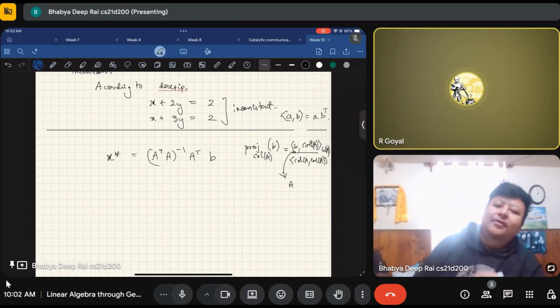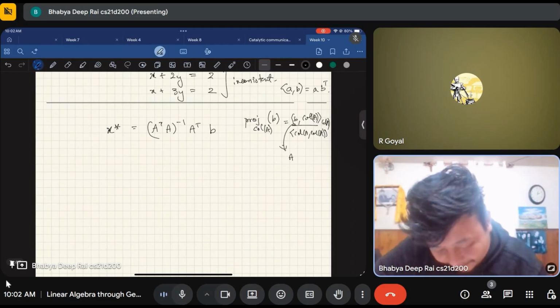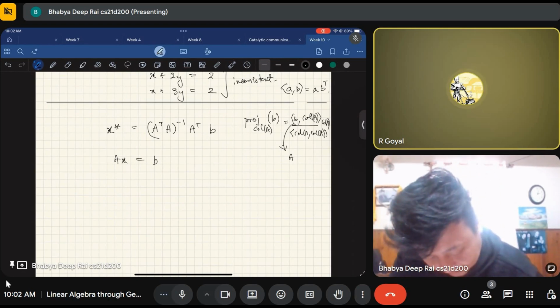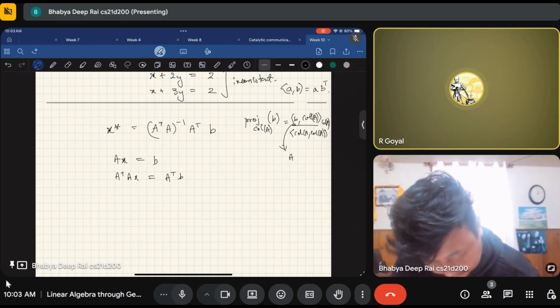Can you write that equation here so that I would be able to explain things better? We are looking for Ax equals B, and we multiply both sides by A transpose. Then it becomes A transpose Ax equals A transpose B. Now to get the value of x, I multiply both sides by the inverse of A transpose A. The left hand side becomes x, and the right hand side becomes A transpose A inverse, then A transpose and then B. That's the equation which you wrote here.